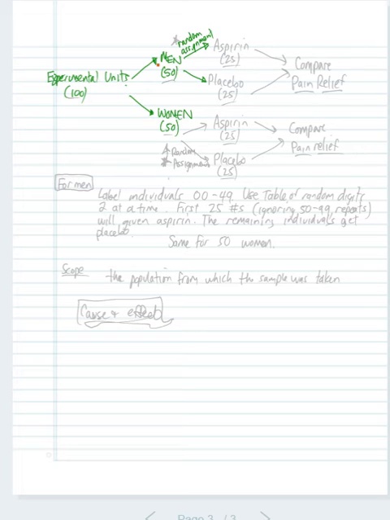So we will randomly assign them to either be taking aspirin for headache relief or a placebo. And we would like these 2 groups to be the same size at 25 and 25. Now, of course, we would do that with the women as well. And once again, we are using random assignment here so that we can randomly assign the treatments. So we'll put 25 in each group.